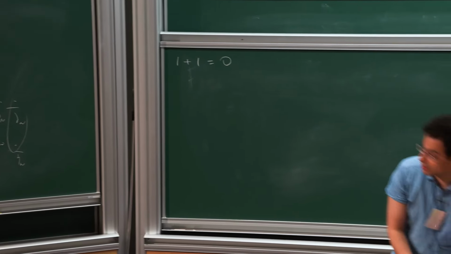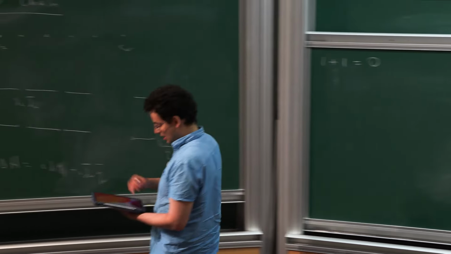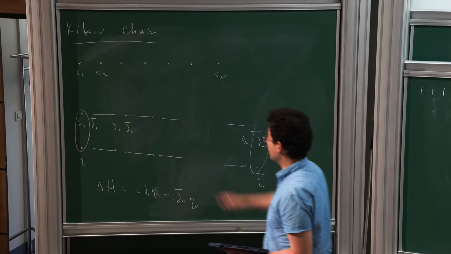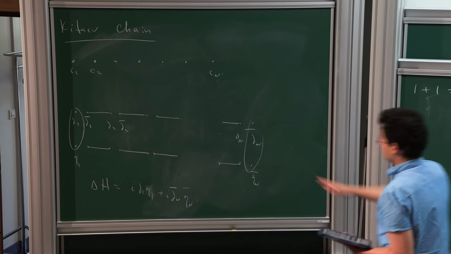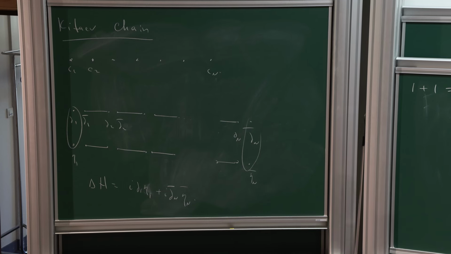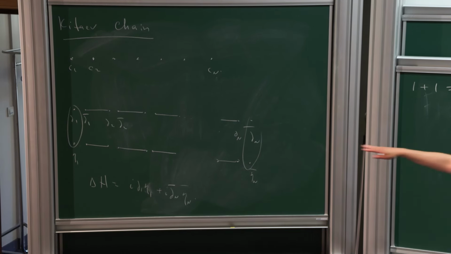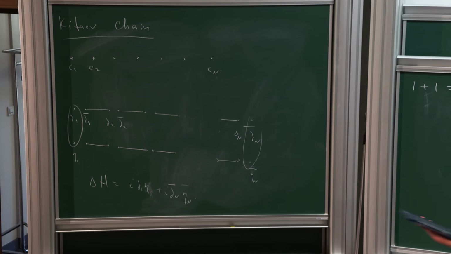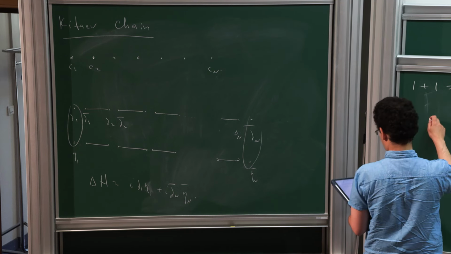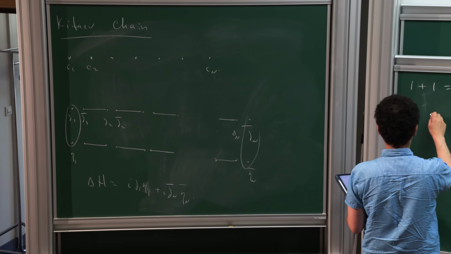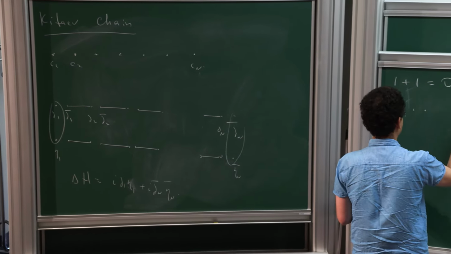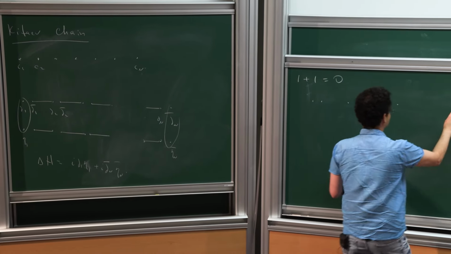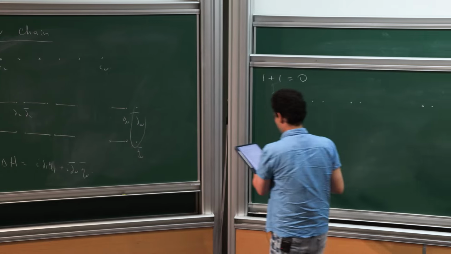Now, in this particular case, we can actually do better. In addition to this boundary argument, we can really show that two copies of a Kitaev chain are continuously connected to a trivial product state. So let's again try to draw this.